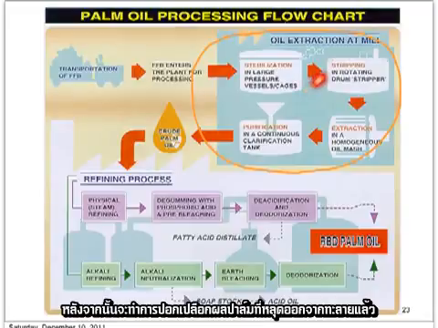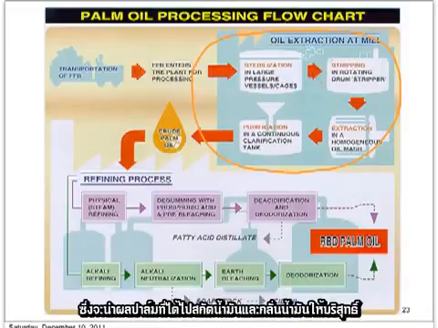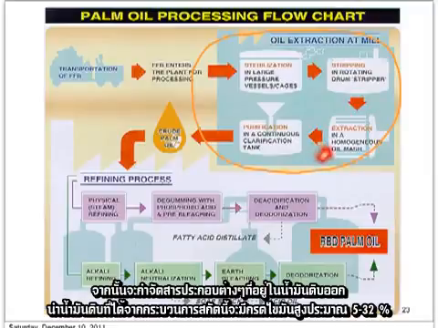Then the next process is stripping, which is the process to separate the fruitlets from the fruit bunch. And this will go through the extraction process to extract the oil, and then the purification process to remove the majority of the undesirable components in the crude oil.